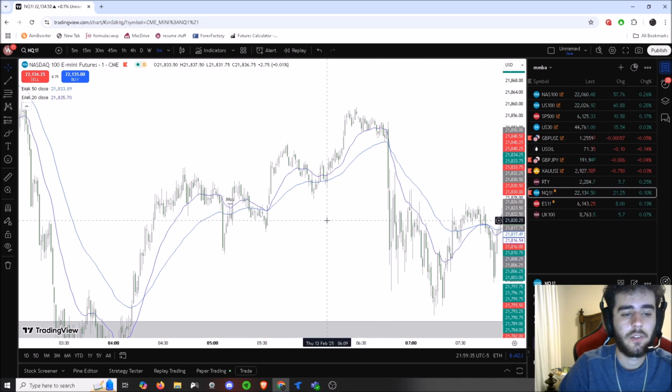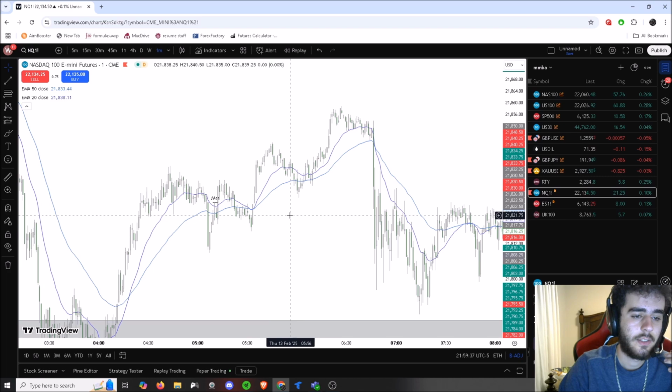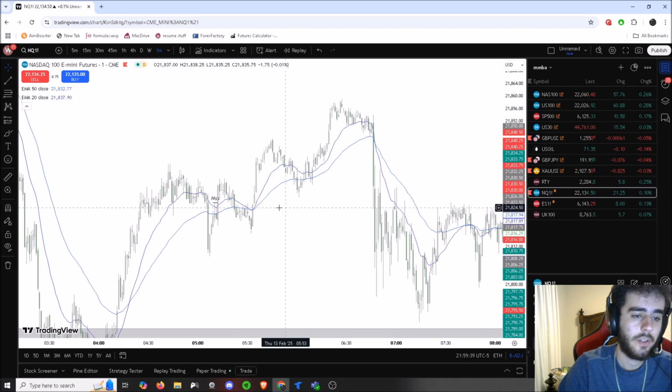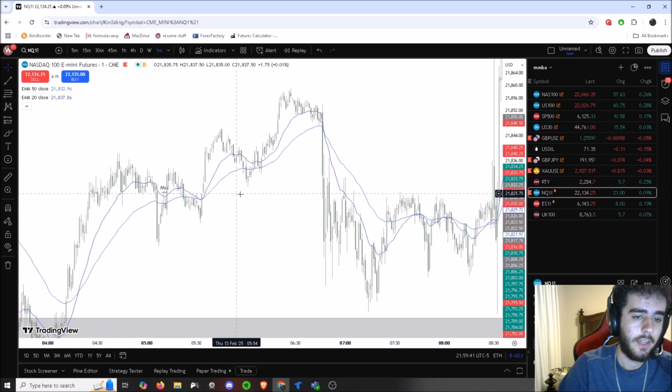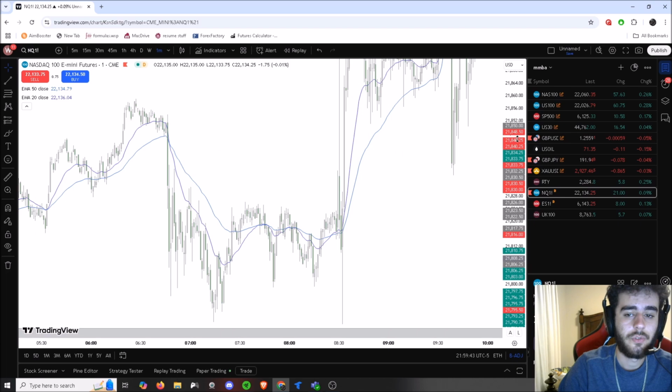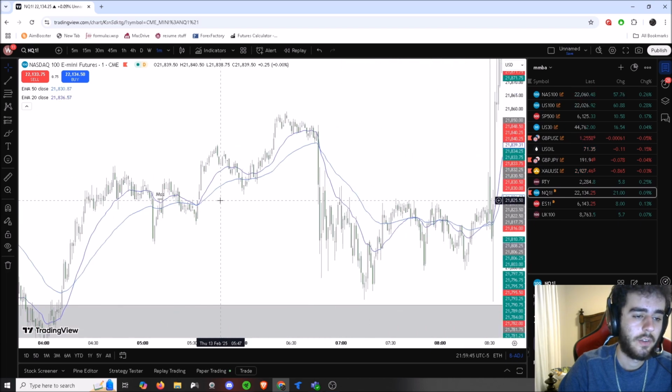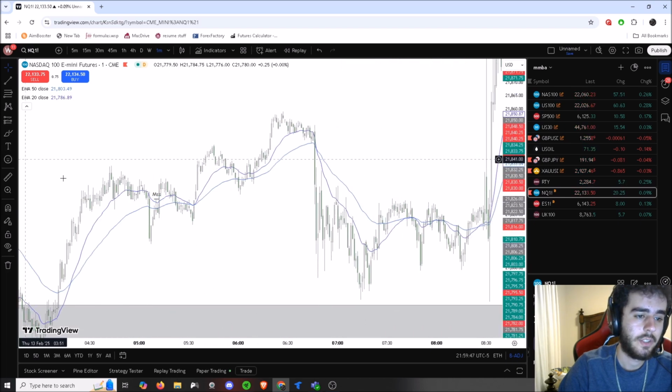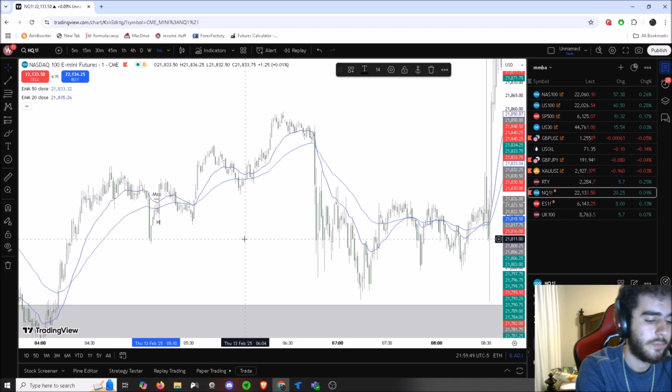All this means is that it has a lot of volume and it is more likely to move in that direction because there is volume. So this is a high volume market structure shift.